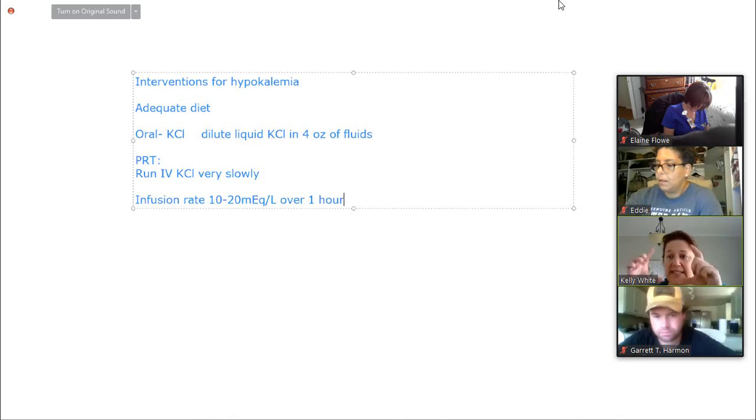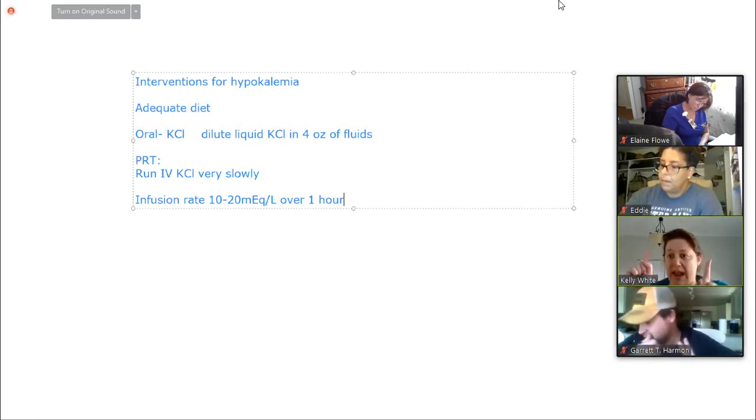And remember I said that they came in 20 ml bag or 50 ml bags of 20 milliequivalents, okay? So we're going to run that 20 milliequivalents, that one bag, over an hour. Then since they ordered 40, after that one bag is done, I'm going to just immediately hang up the second bag so that they get a whole 40 milliequivalents.